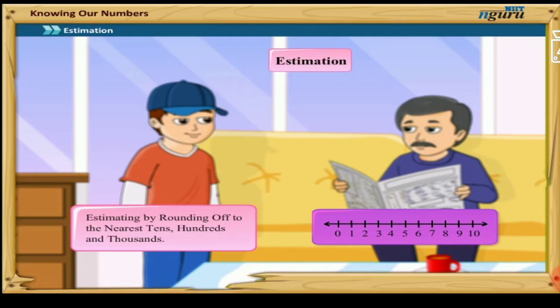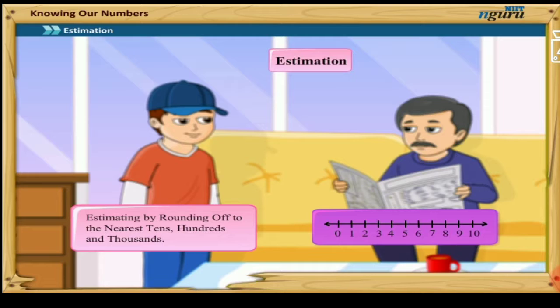It is between 700 and 800. Since 767 is closer to 800, it rounds off to 800. Similarly, if the number is 739, since it is closer to 700, it will round off to 700.